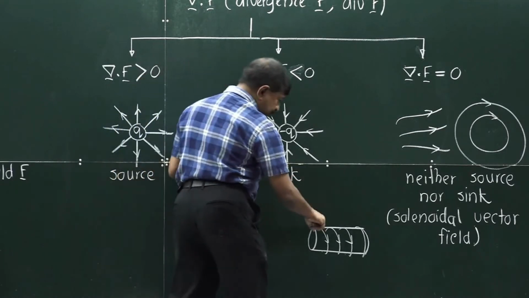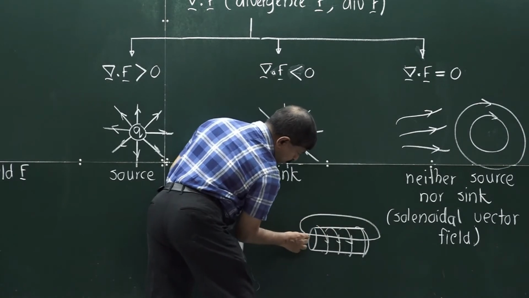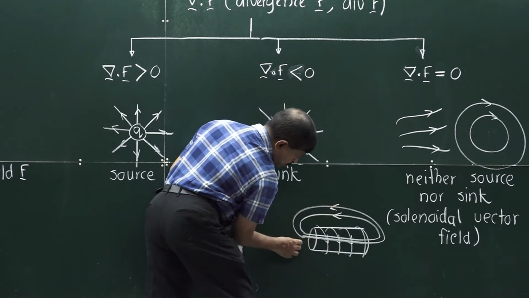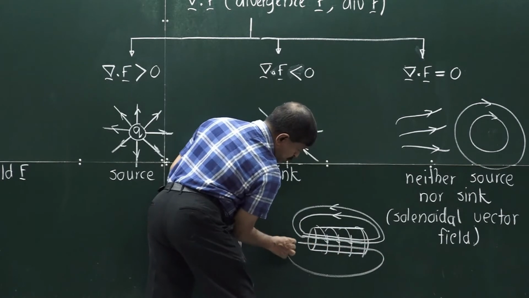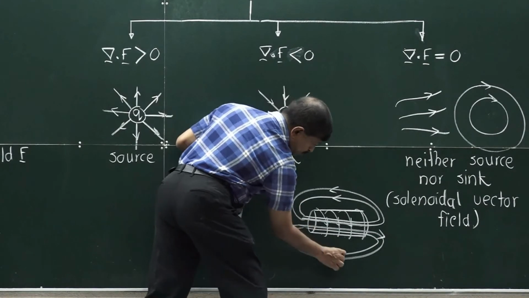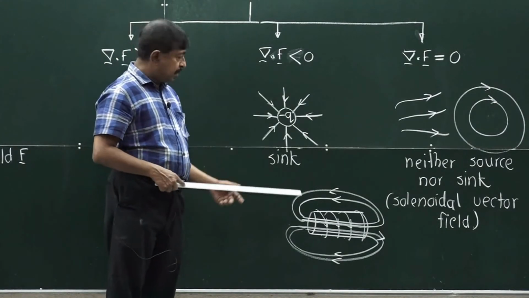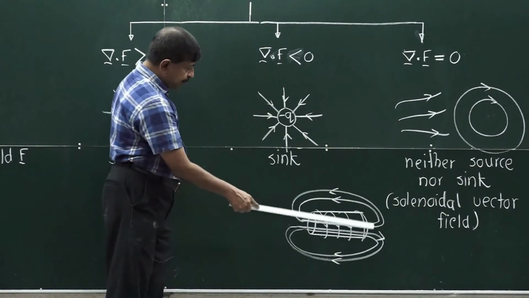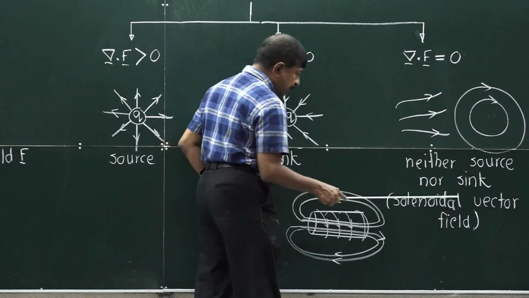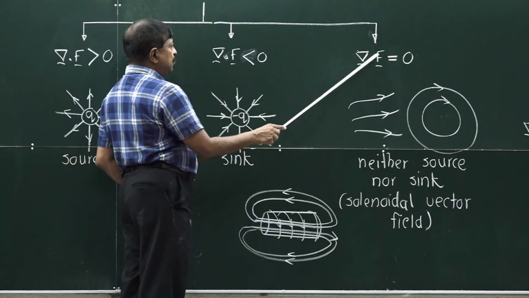If you go this way, the magnetic field is like this, so you can see that there are closed loops. So, this is a solenoid. Because of this, I think we have the name solenoidal vector field, where div F is equal to 0.